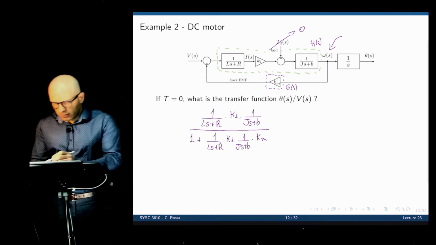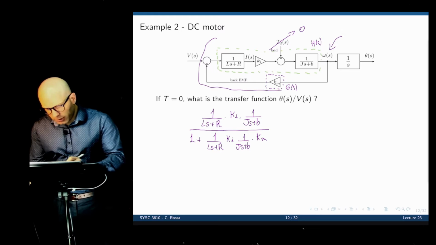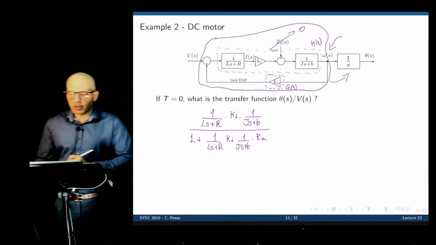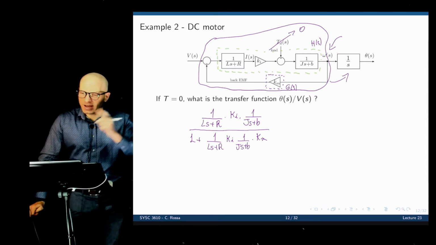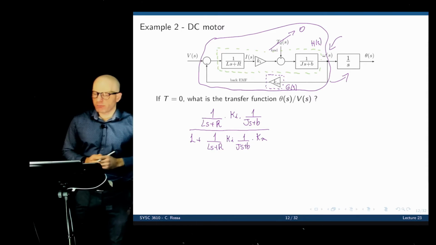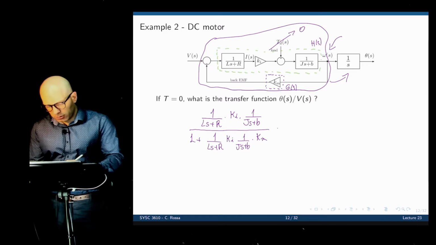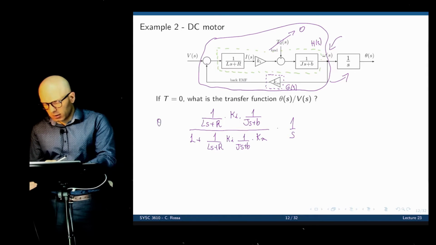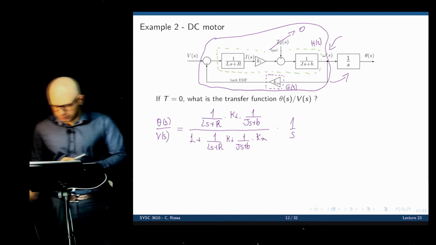And so this gives now the transfer function of this part of the system. We still have this block 1 over S that is now in cascade with this entire function. So we can now simply multiply this by 1 over S. And this gives us the entire transfer function theta over V of S.